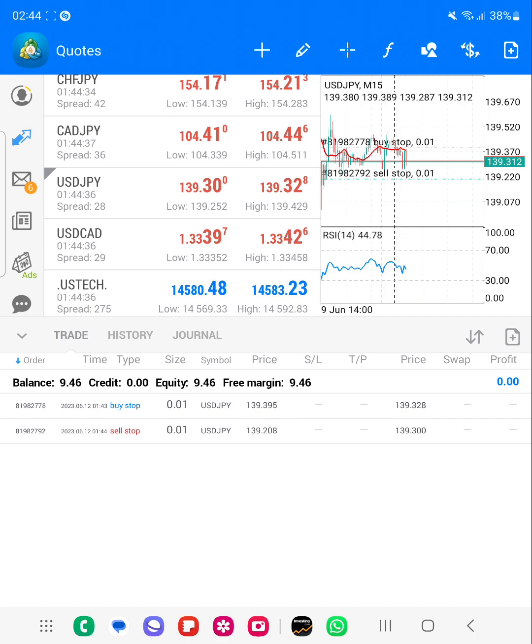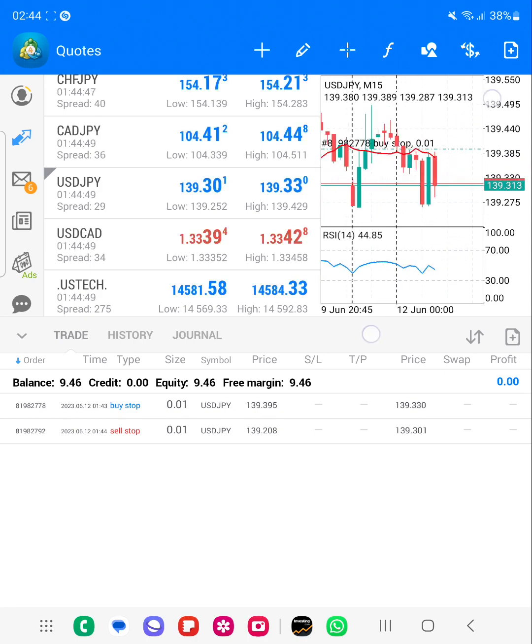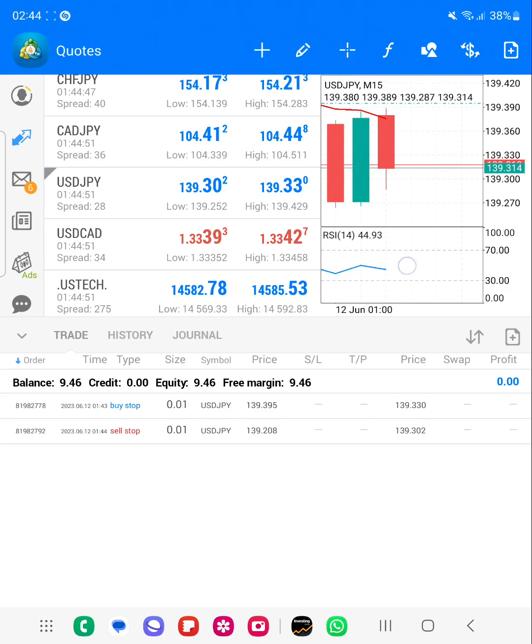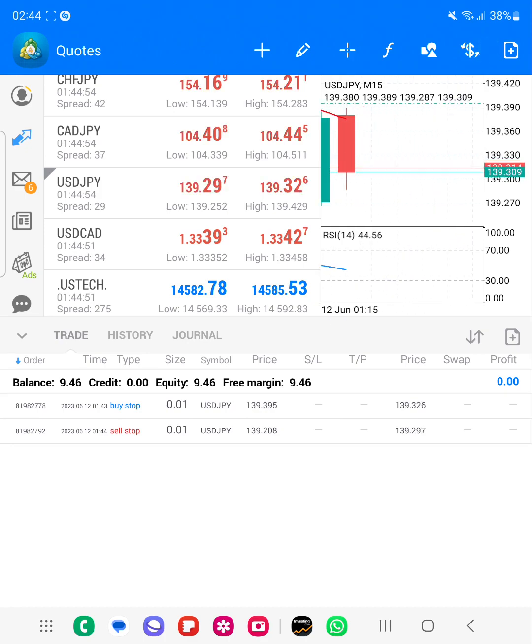Also, it's possible for your orders to trigger before the market reaches that price. Normally it happens on buy stops. Buy stops are very dangerous because remember these two lines, the green one and the red one.